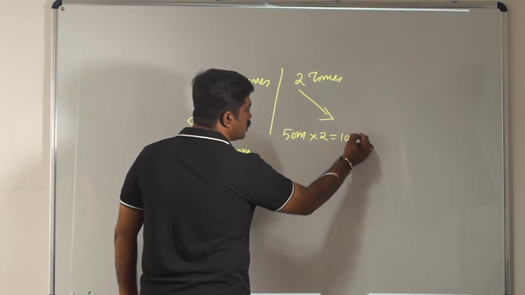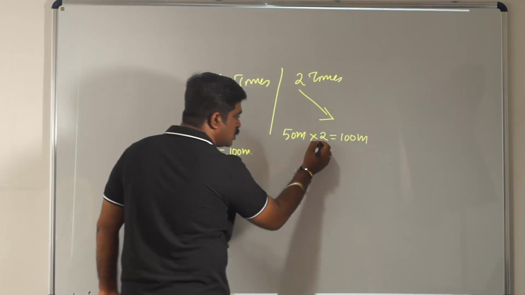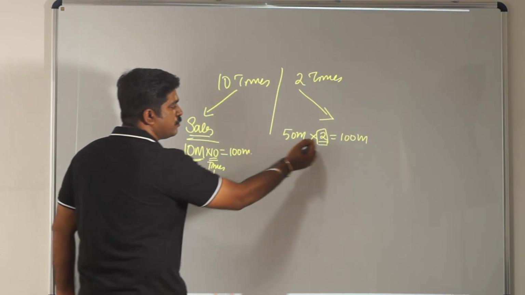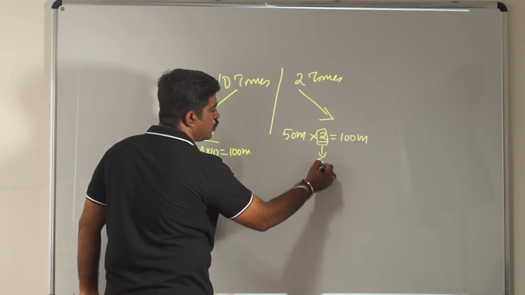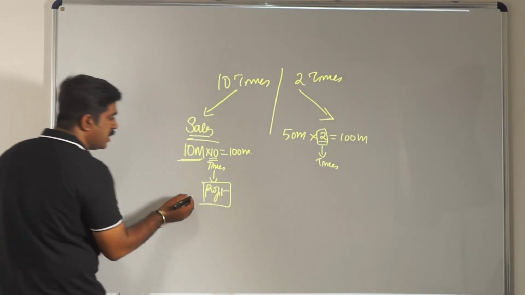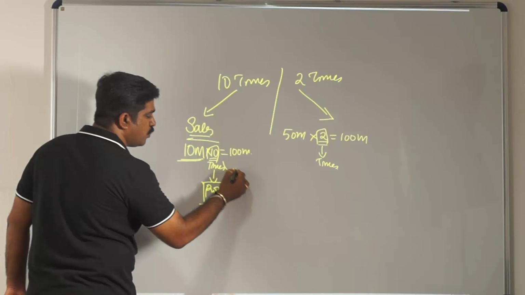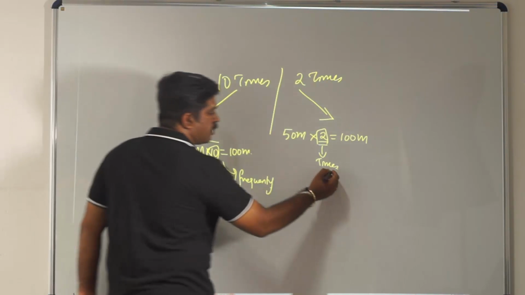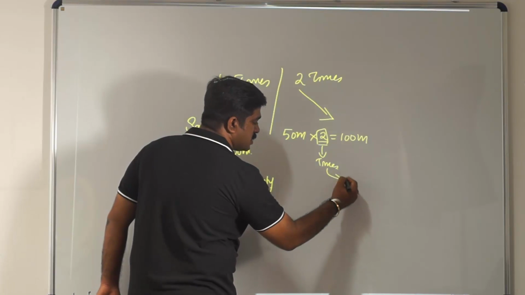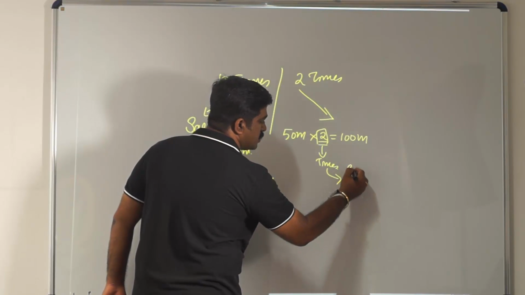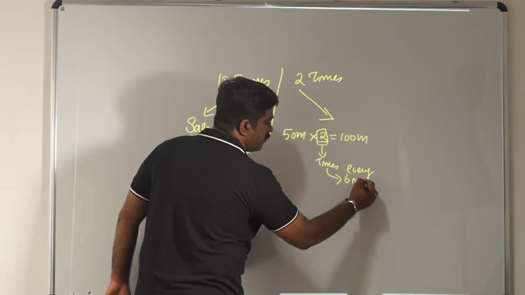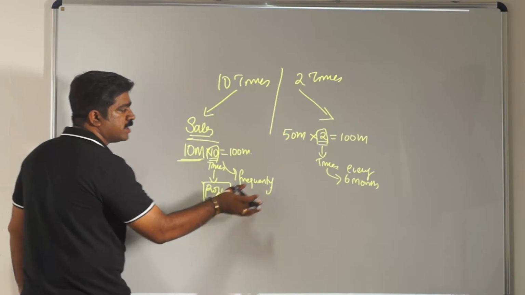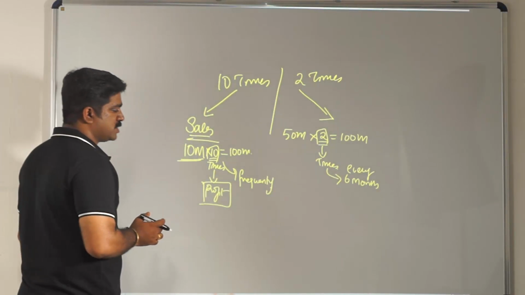So my annual cost of goods sold is 100 million, but my ability to bring profit into the business is only 2 times. It means here the profit is coming frequently, whereas here the profit is coming only 2 times in a year, that is something like every 6 months. So I repeat, here the profit comes frequently, here the profit comes only every 6 months.